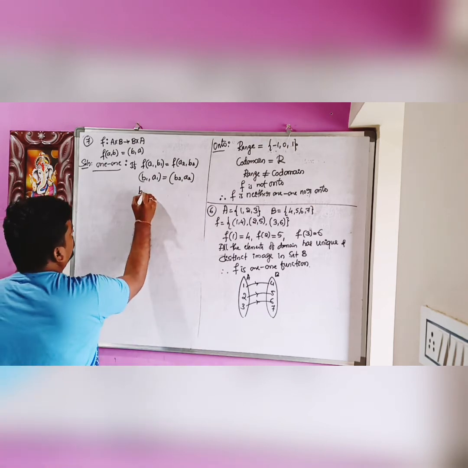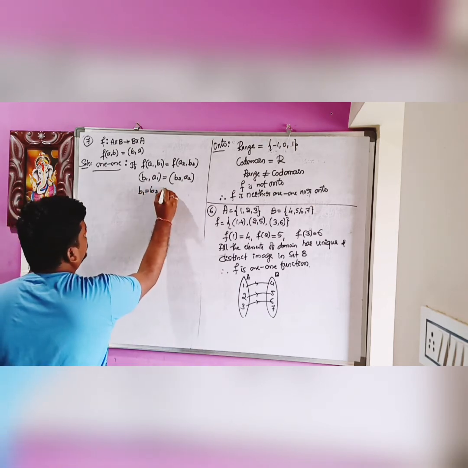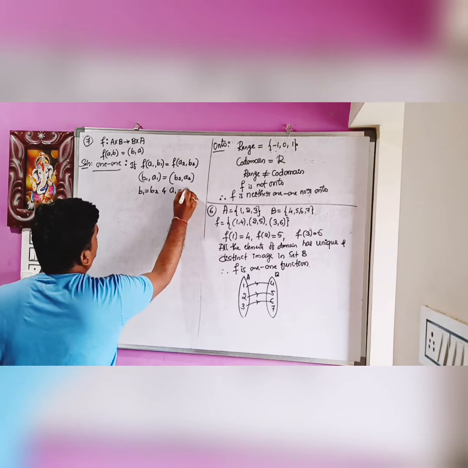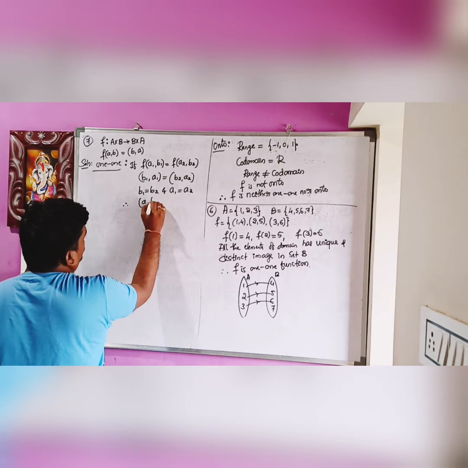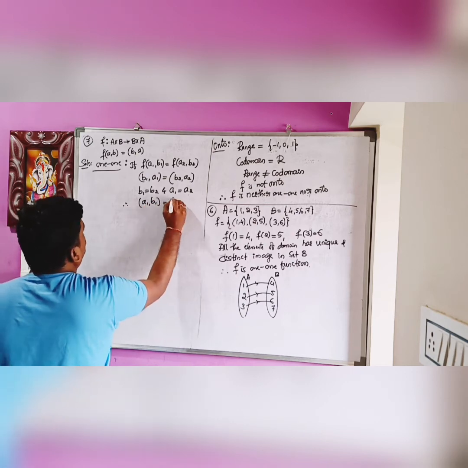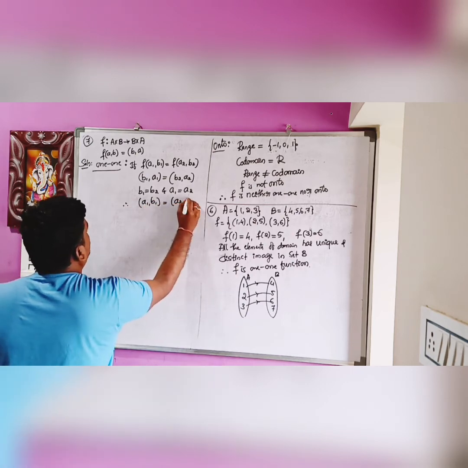By this we can equate b1 equal to b2 and a1 equal to a2. Therefore, (a1, b1) is equal to (a2, b2).